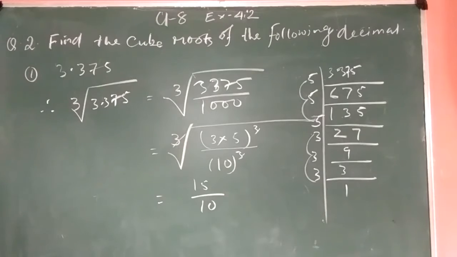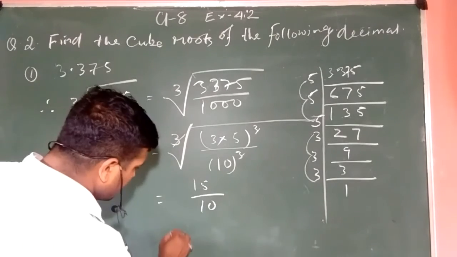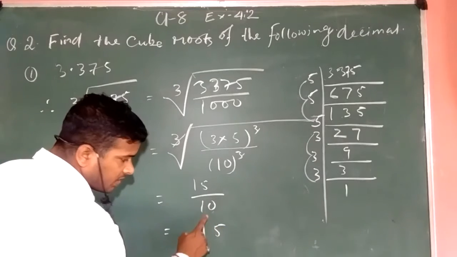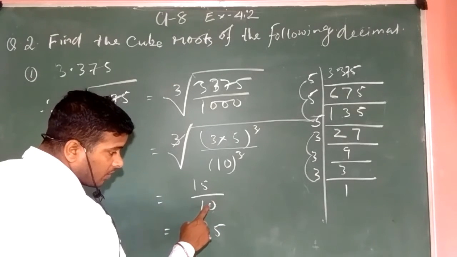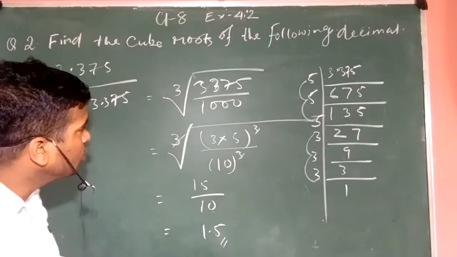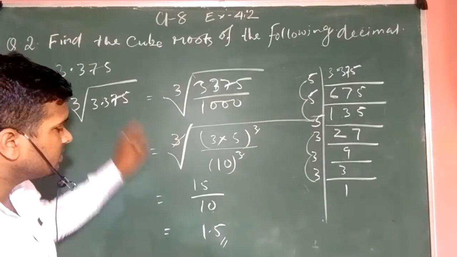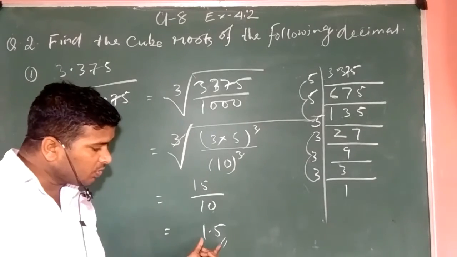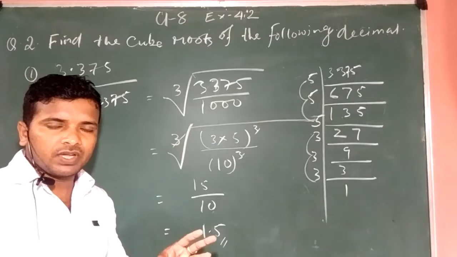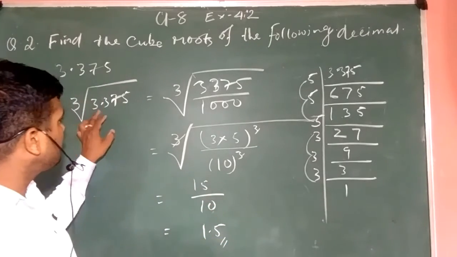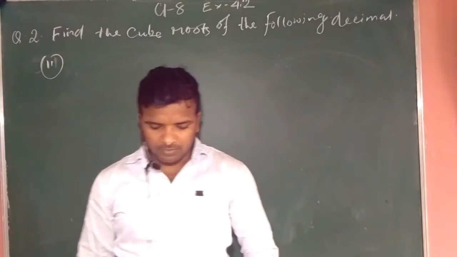Since we have 10, we will put the decimal point after 1 digit. That means the cube root of 3.375 is 1.5. If you multiply 1.5 into 1.5 into 1.5, you are going to get 3.375.